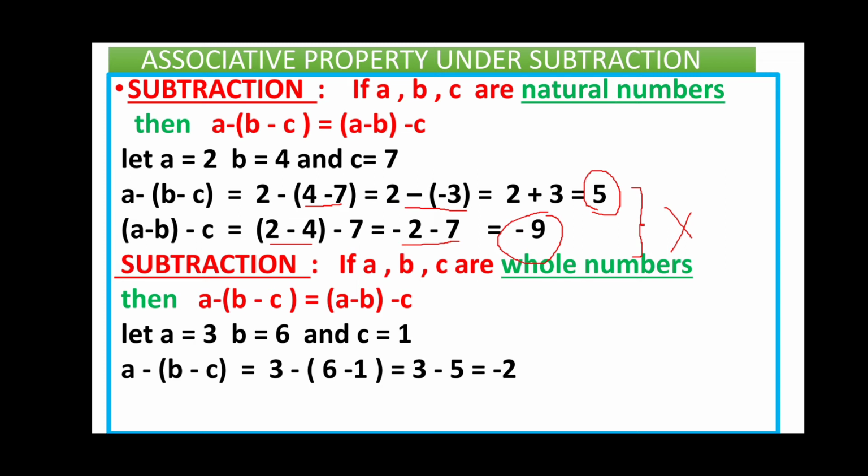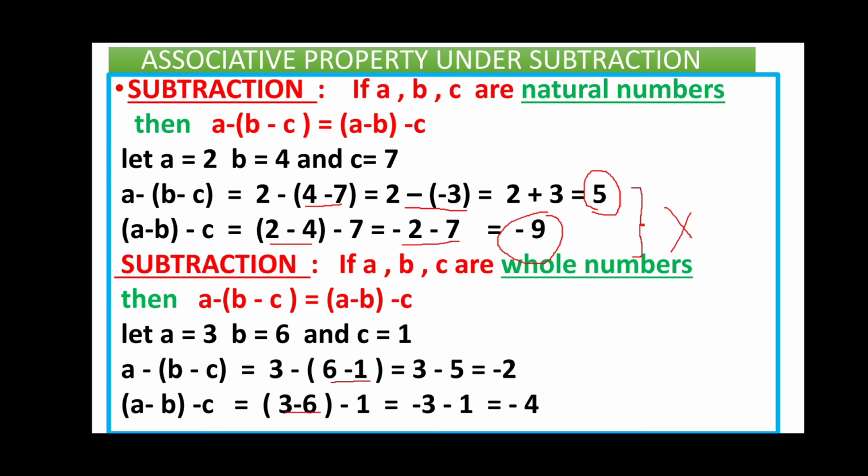Now let us see for (A − B) − C, and let us check whether we get the same answer or not. After substituting, we get 3 − 6 − 1, which is −3 − 1, which equals −4. If you observe, −2 and −4 are totally different.